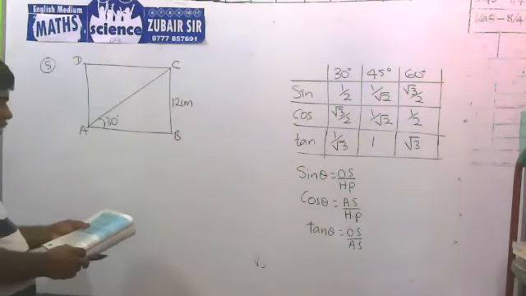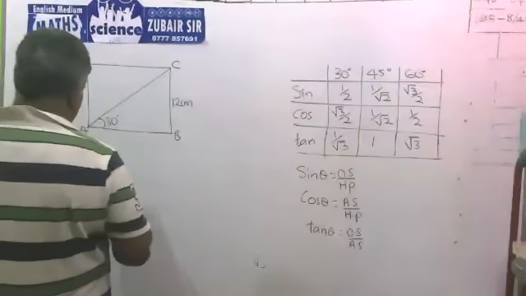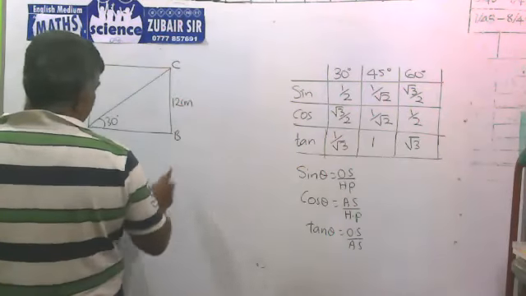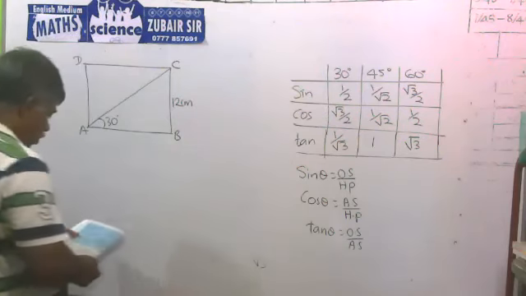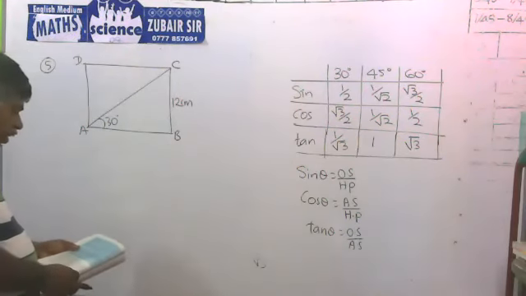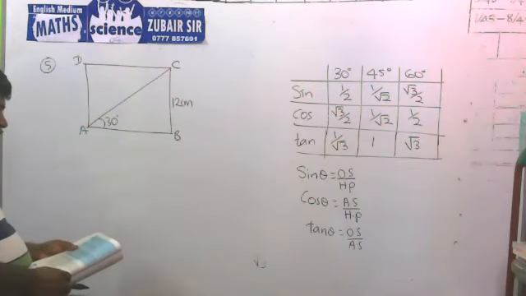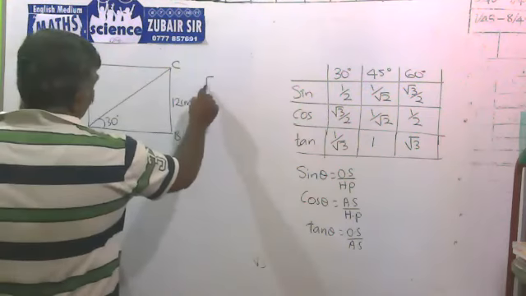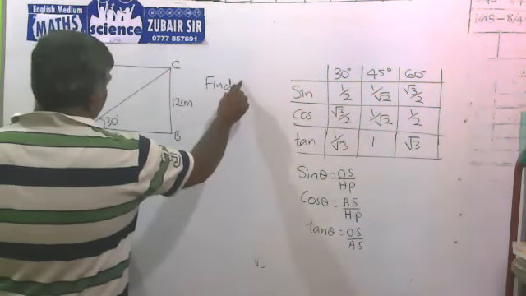ABCD is a rectangle. If the length of the BC is 12 centimeter, find the length of the diagonal of the rectangle. So they are asking you to find AC, diagonal.